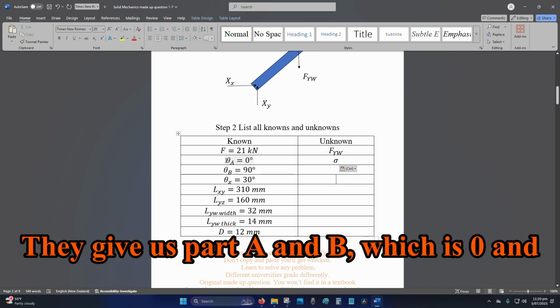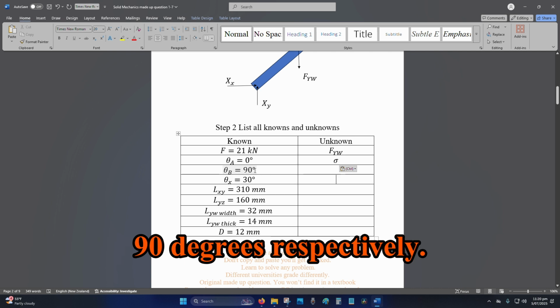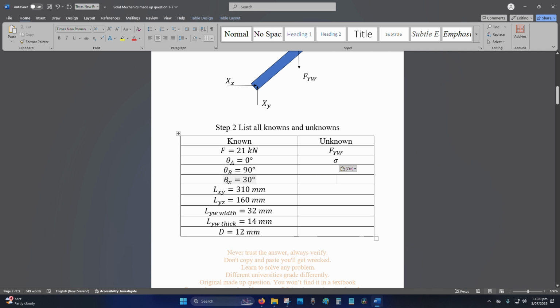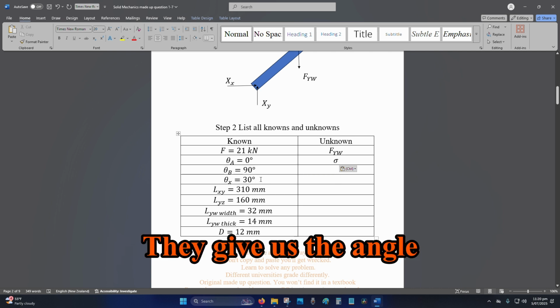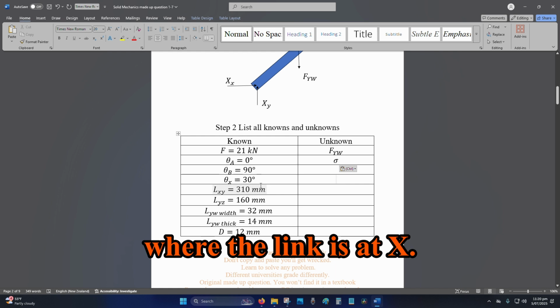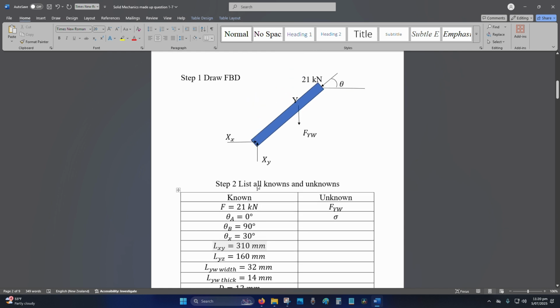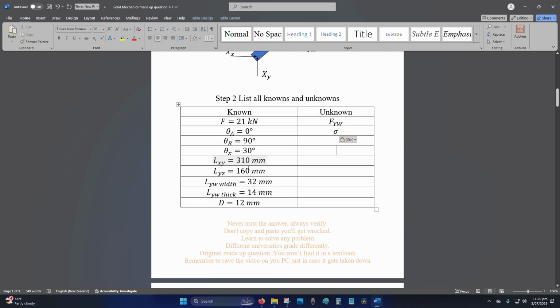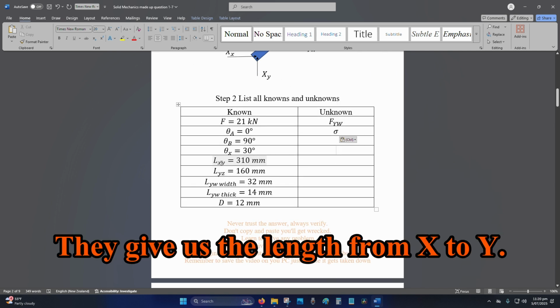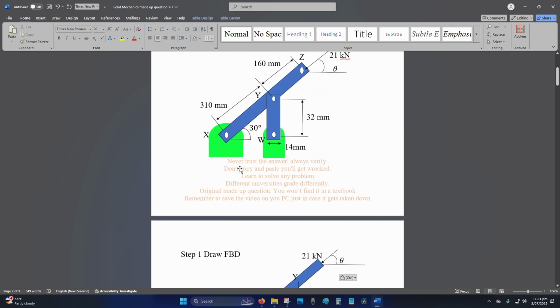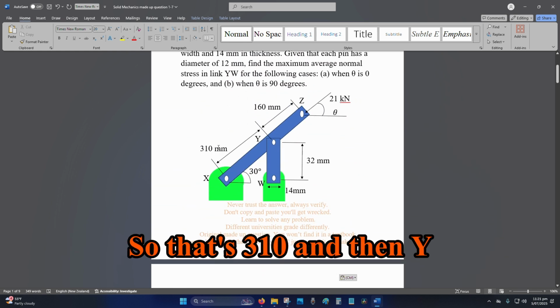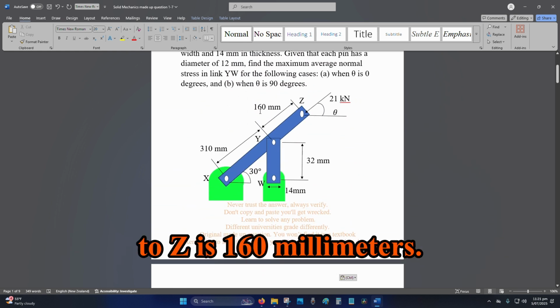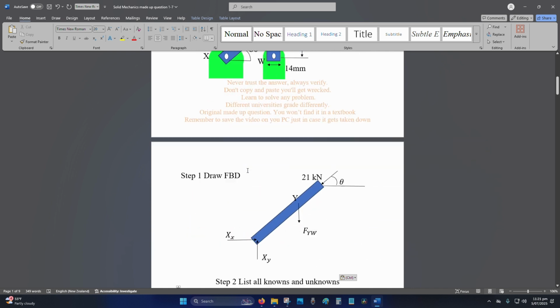They give us part A and B, which is 0 and 90 degrees respectively. They give us the angle where the link is at X, so 30 degrees right here. They give us the length from X to Y, so that's 310, and then Y to Z is 160 millimeters.